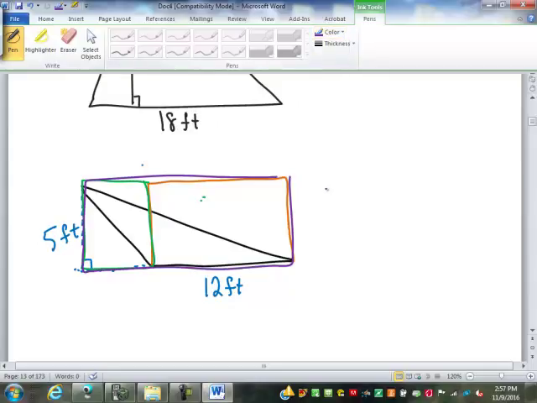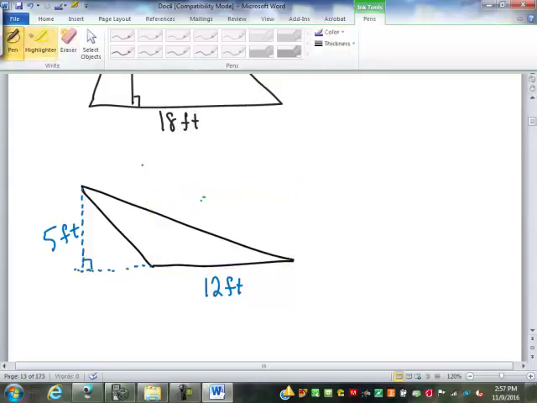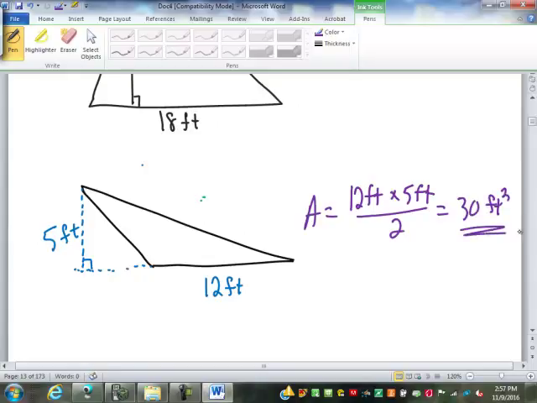So anyway, the area of that black triangle is found taking base times height, 12 feet times 5 feet, divided by 2. So 12 feet times 5 feet is 60, divided by 2 is 30 square feet. Any questions?